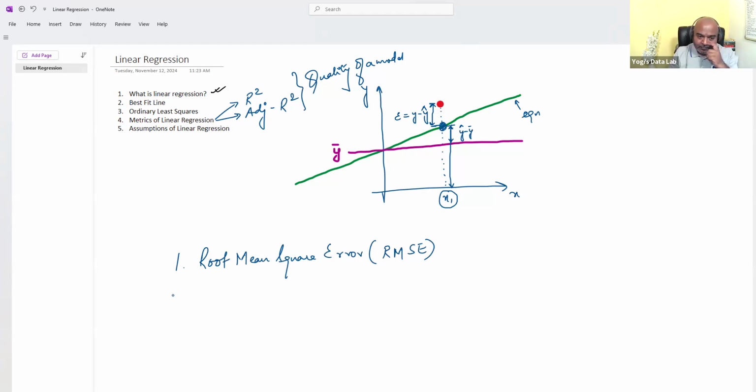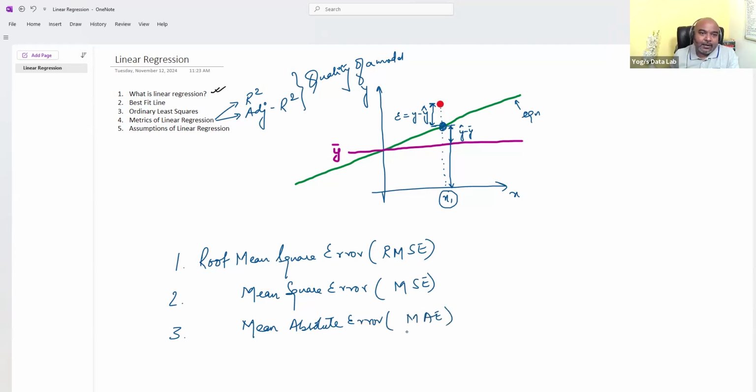The other is known as mean square error, MSE. And then you have mean absolute error, given as MAE.